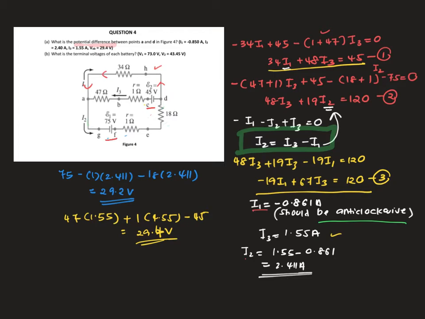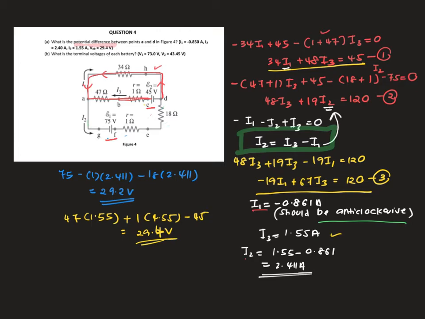You need to see first whether the current flows from positive to negative inside the circuit or negative to positive inside the circuit, because it decides whether it's going to be charging or discharging. Now my I3 is moving like this, positive to negative, therefore it's going to be charging.